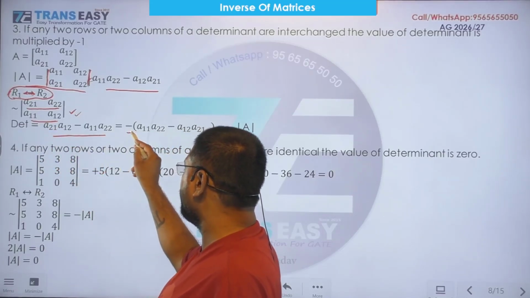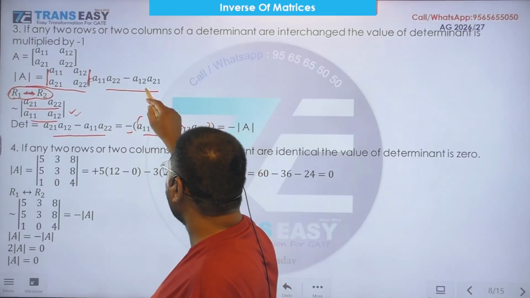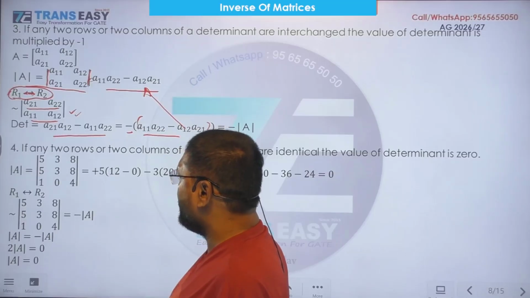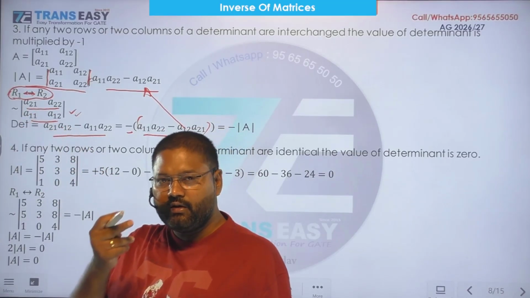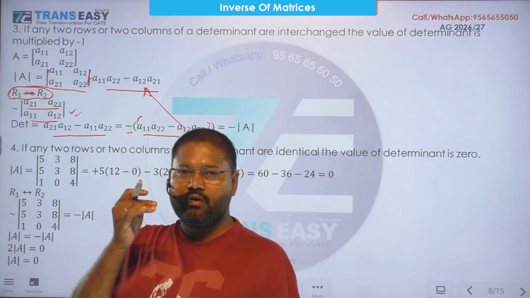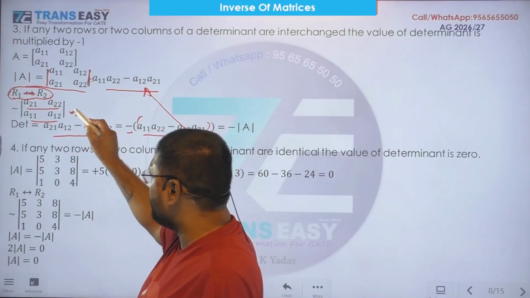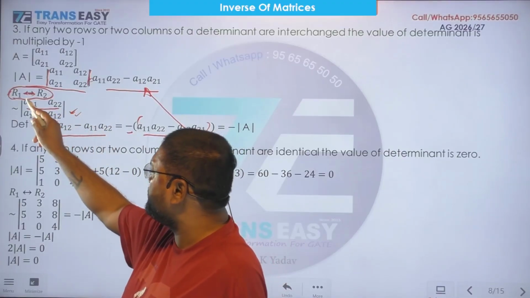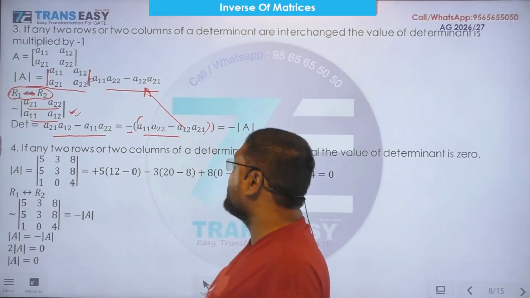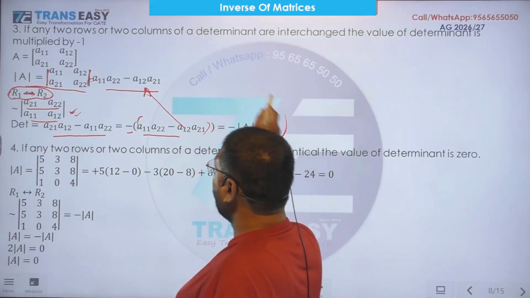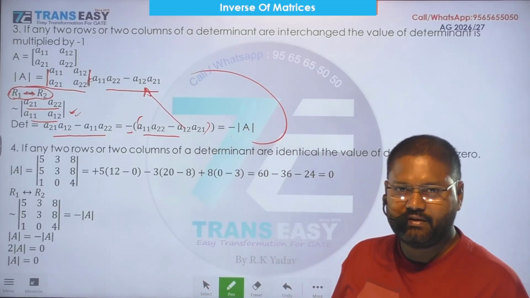Take minus as common to this. This is actually determinant of A and this is another determinant obtained by interchanging either two rows or two columns, right? So resulting determinant after this elementary transformation has negative value of original determinant before this transformation.